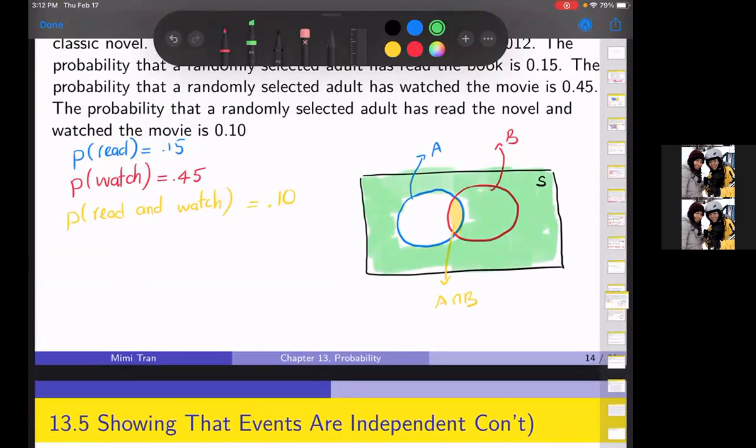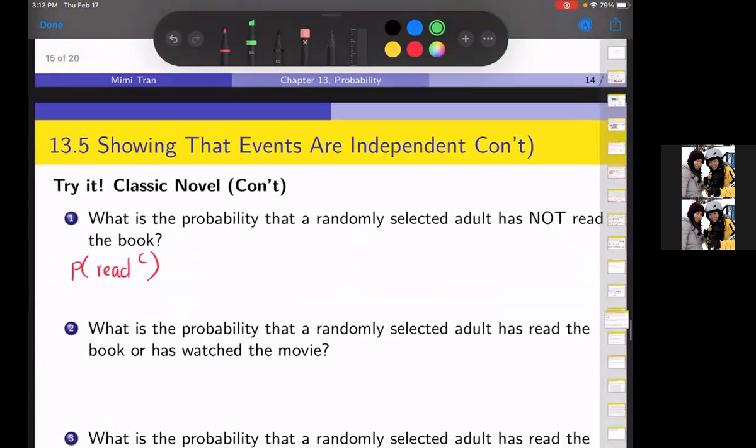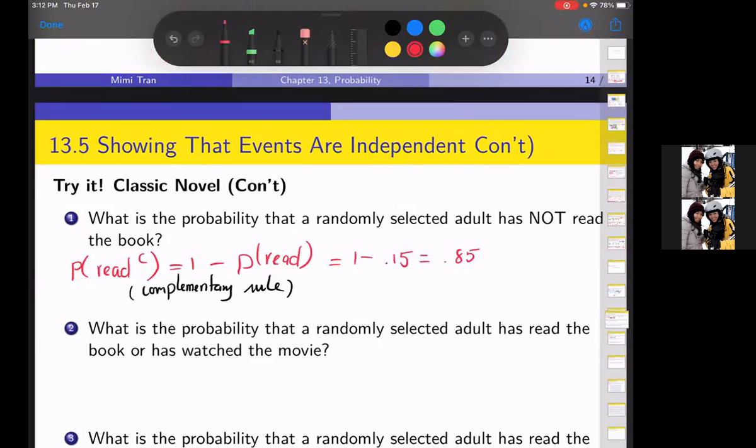Everything in the green part, except for the blue part, is the sample space minus the blue circle. Sample space is 1, so 1 minus P of read. Remember the complement rule? So 1 minus 0.15 is 0.85. Roughly 85% of people don't read the novel.